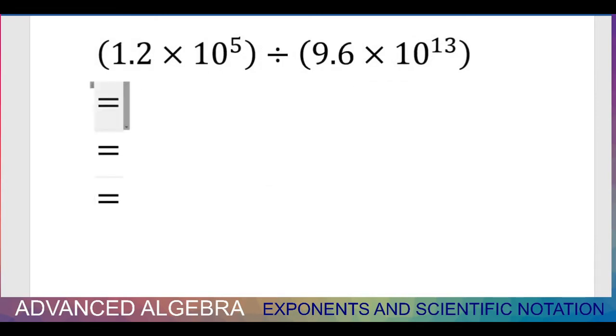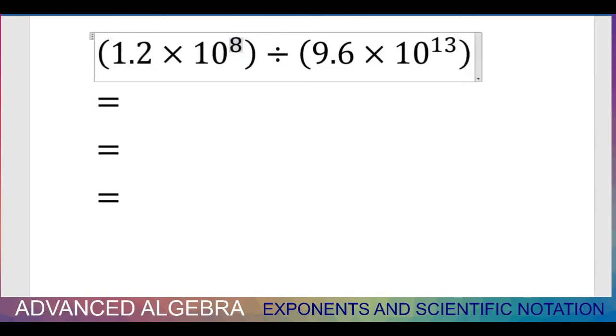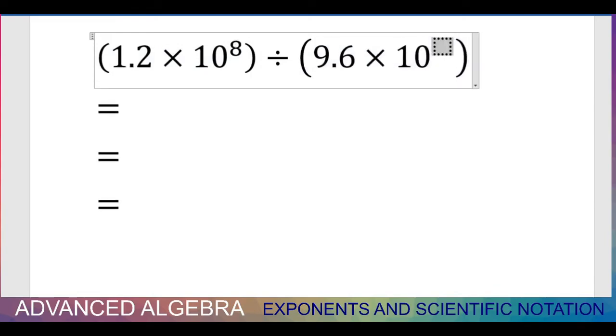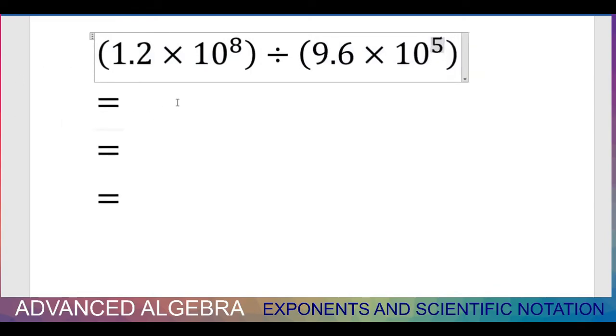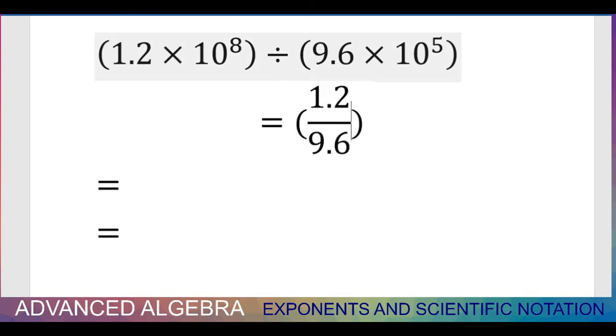Sagutan natin to. So, 1.2 times, wait lang, mali pala yung given ko. Gawin natin tong 8. So, 8 tong sa 10. Then, ang given natin sa kabila is 10 to the 5th power. Same concept pa rin sa multiplication. Pag-divide din natin yung 1.2 divided by 9.6.